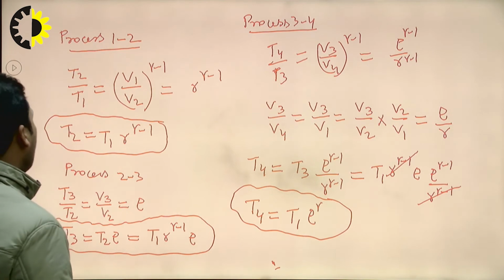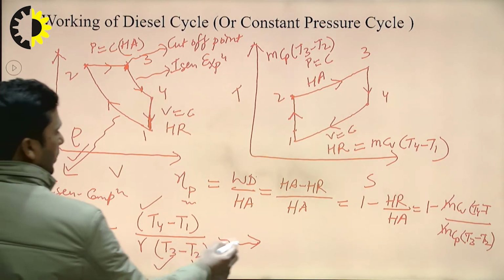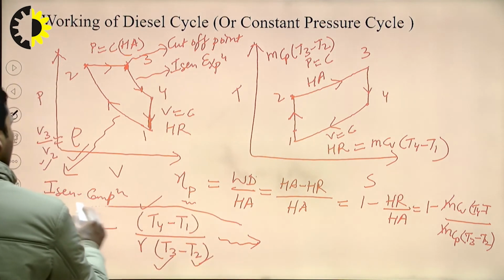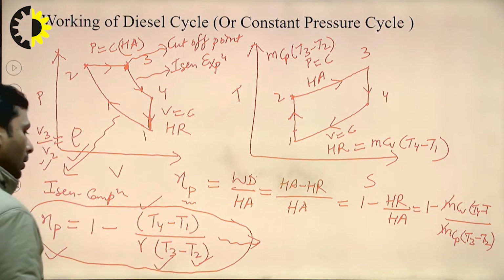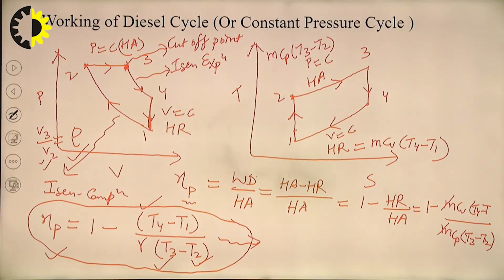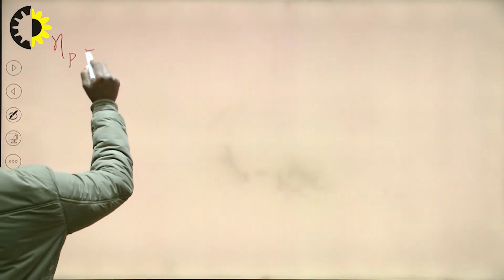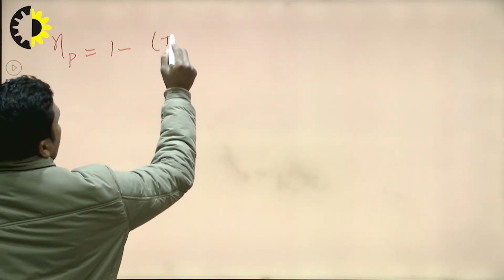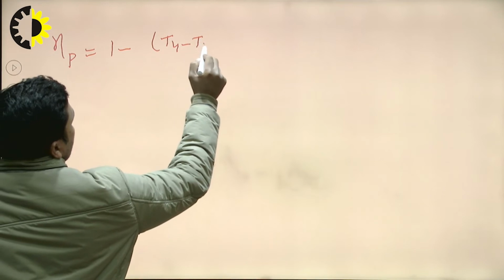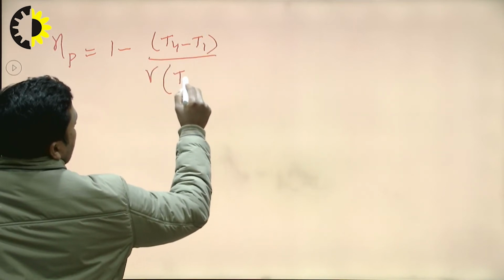If we put the value of T2, T3 and T4 in this expression of thermal efficiency of the diesel cycle, we will find out eta is equal to 1 minus T4 minus T1 upon gamma times T3 minus T2.